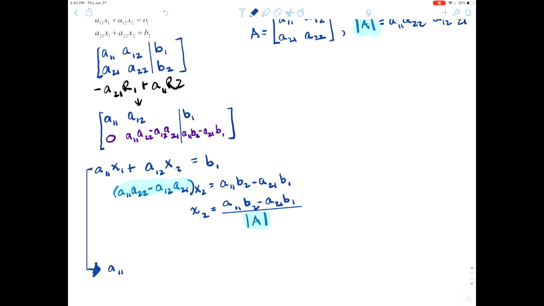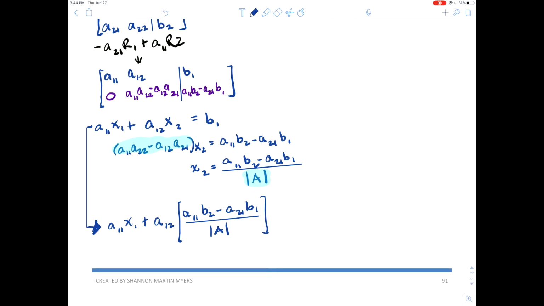So we'd have A11 times x1 plus A12 times x2. And x2 is going to be A11B2 minus A21B1 over the determinant of the coefficient matrix. And that's all going to equal B1.